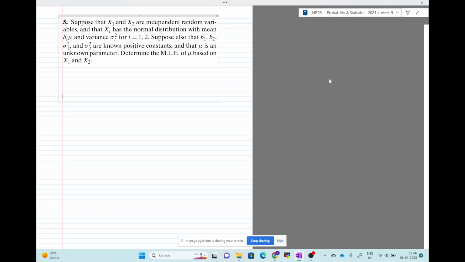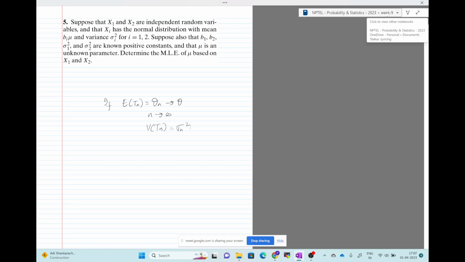Sorry, can you explain again? There is a theorem that if E of Tn equals theta n, which tends to theta, and variance of Tn equals sigma n square tends to 0 as n tends to infinity, then Tn is consistent for theta. Yes, that is what we used in the previous question.